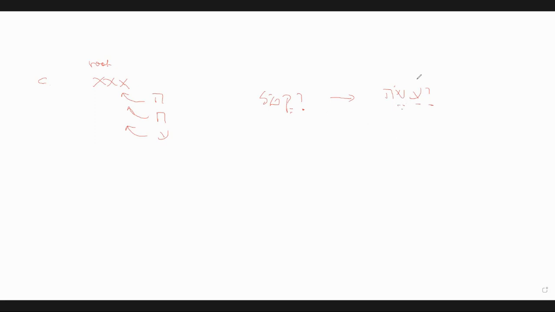Because of the letter here, it doesn't take an O, it prefers an A. Instead of yikto, it becomes a form with an A prefix vowel. So when you deal with weak verbs, you just have to note that these things will change.